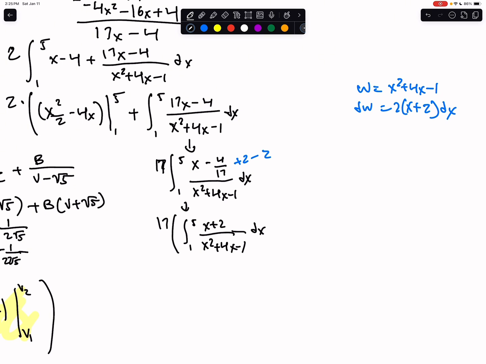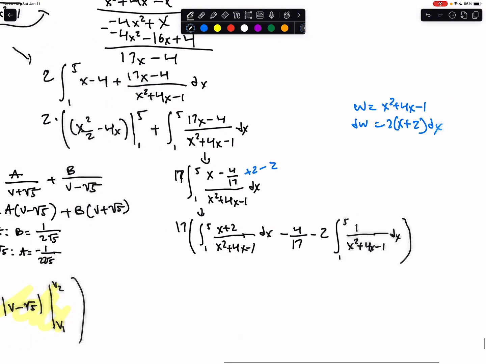And then minus 4 over 17 minus 2, integral from 1 to 5 of 1 over x squared plus 4x minus 1 dx, which we already solved as well.